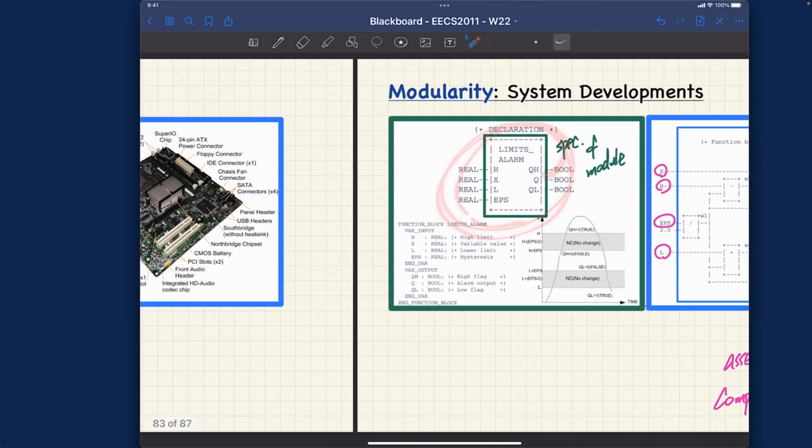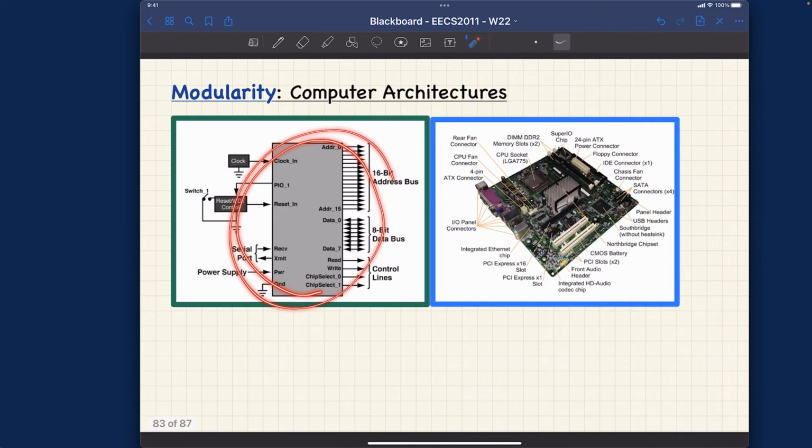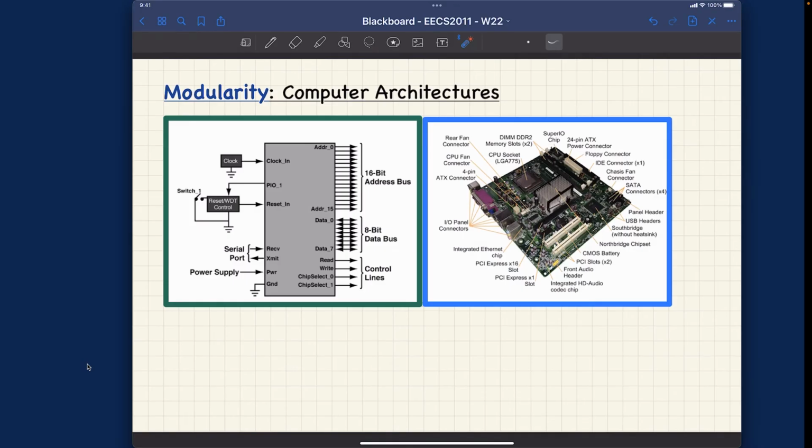A module can also be a single CPU, right? So that's really the idea about a module. A module is only for a single sub-problem. But eventually, if you really want to get a solution for the ultimate big problem, you have to combine the sub-solutions together. It's really important to keep this in mind.